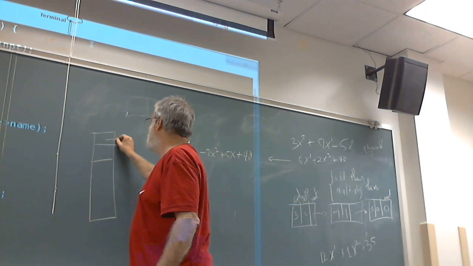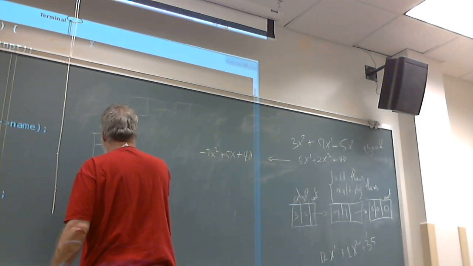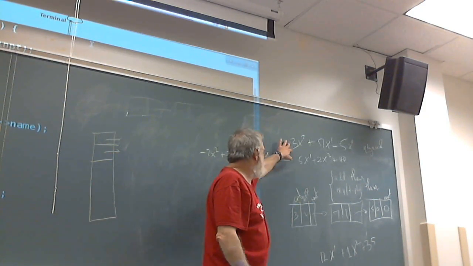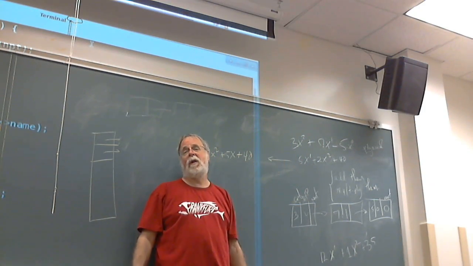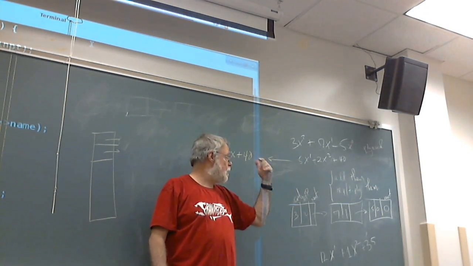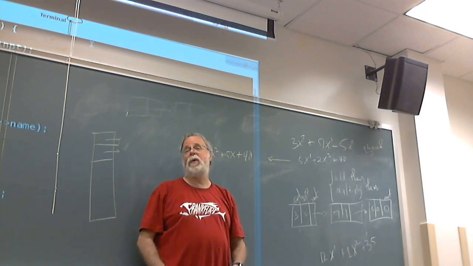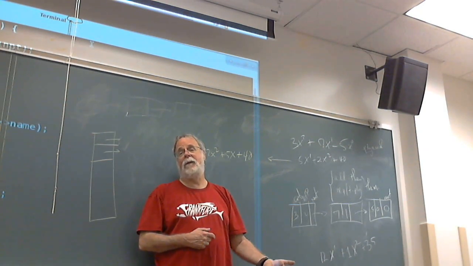And so we aren't going to have a single linked list. Say I'm going to have this polynomial and this polynomial. So that would be 2 linked lists. And then what we'd be doing when we added them, or when we multiplied them, would be making a new linked list that would be the sum or the product.